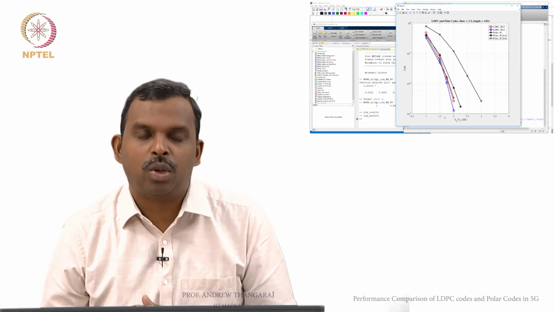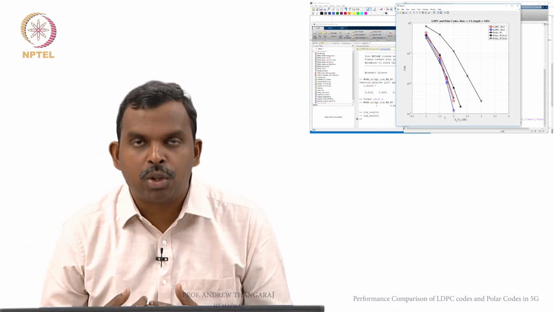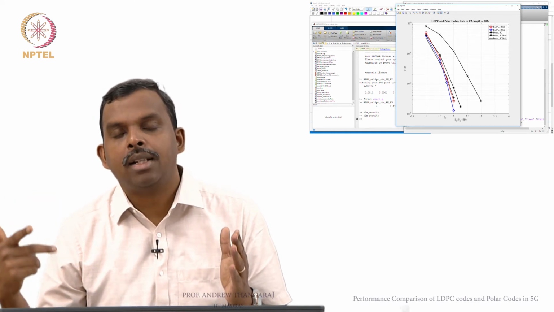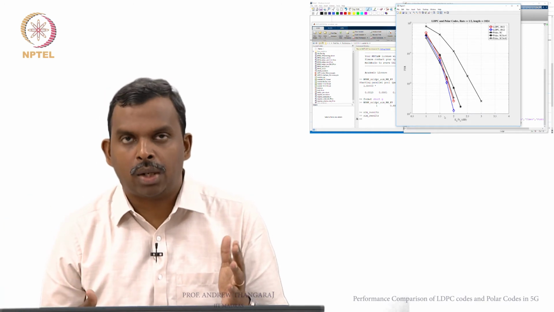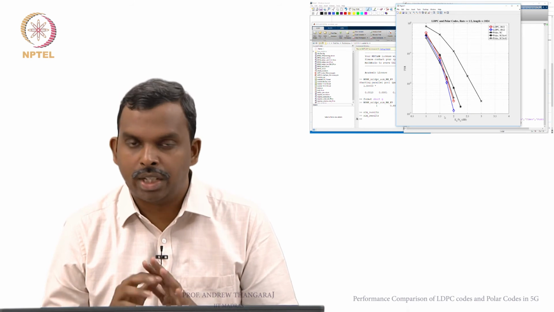If you go read the standard description, you will see quite a few things we did not do. Particularly in the polar code, there is some interleaving that is needed because of the sequential decoding. If there is a deep fade, the polar code will fail. To get over that, some interleaving is needed in the polar code. The LDPC code does not need any interleaving. That is one added thing we did not do at all.